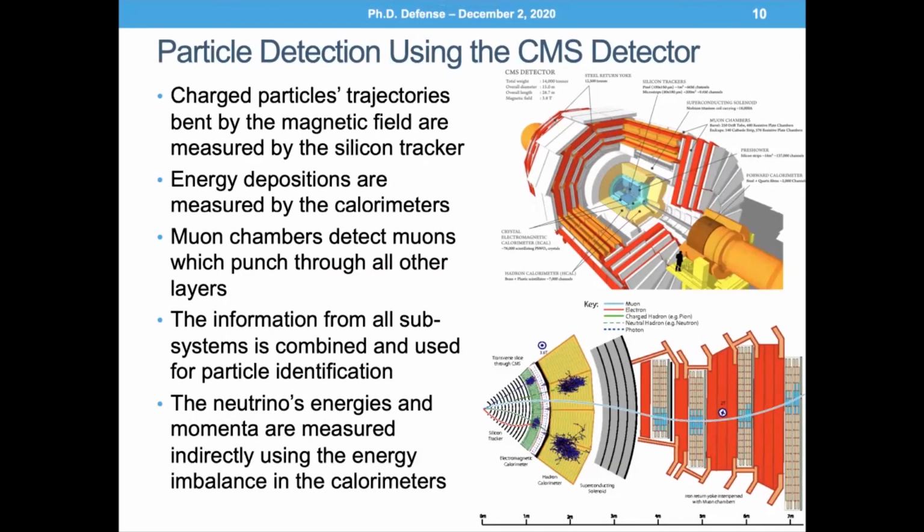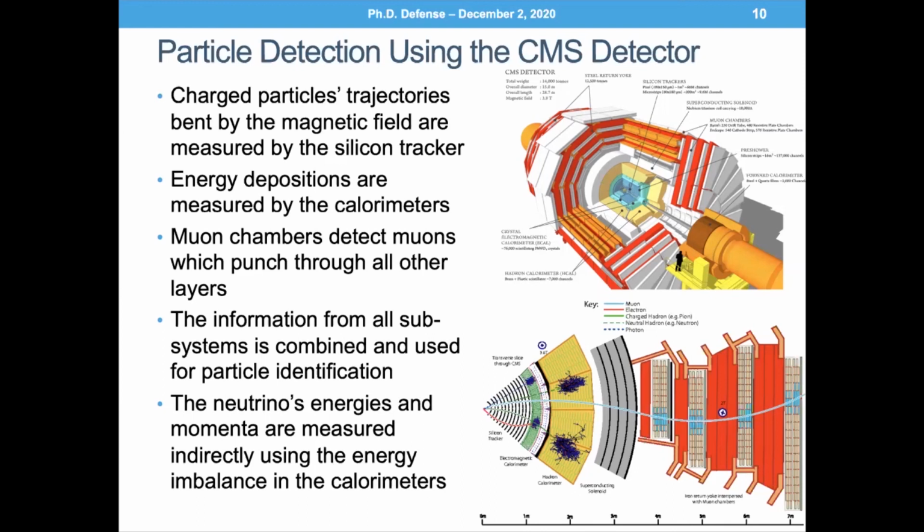Since we have to measure the correlation in these associated jets, we need a detector. This work was done using the CMS detector, which I've got a cutout shown on the top right, and on the bottom right, I've got a cross section with a couple of particles showing how they propagate through the detector and how they're detected. The main component of the CMS detector is a solenoid that produces a 3.8 Tesla magnetic field. That's what the S in CMS stands for.